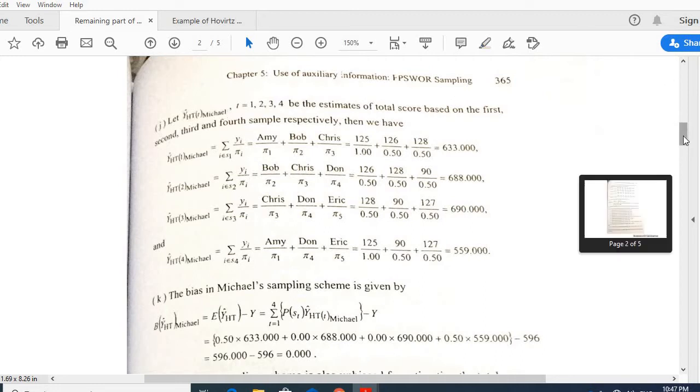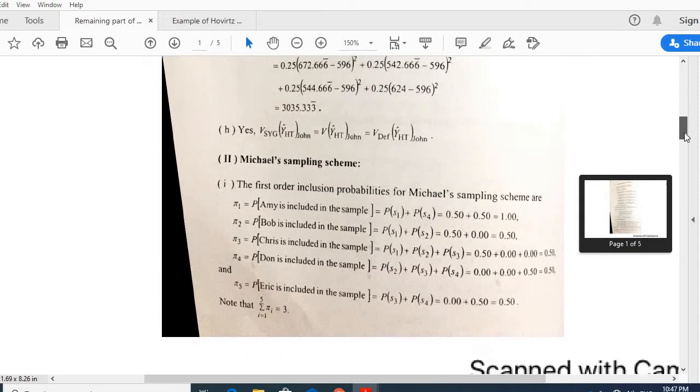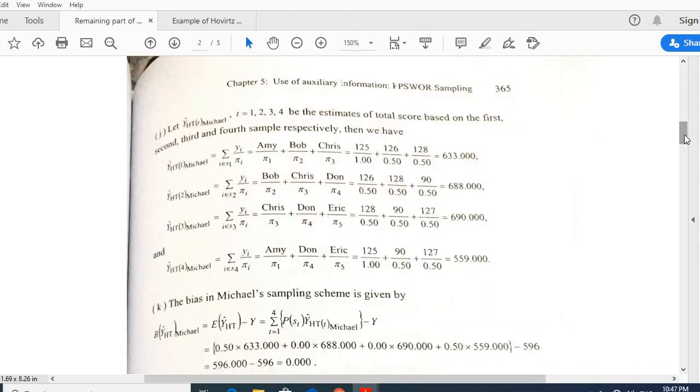Next part of this example, J. Here we have to calculate the population total estimate of the score by using Michael sampling scheme, that is, sum of i belonging to the sample of Yi divided by pi i, which is equal to ME divided by pi1 plus Bob divided by pi2 plus Chris divided by pi3.